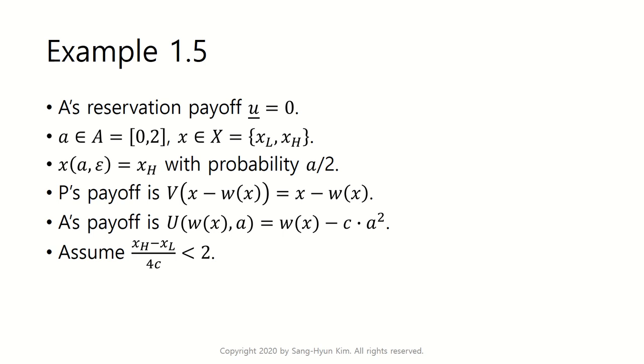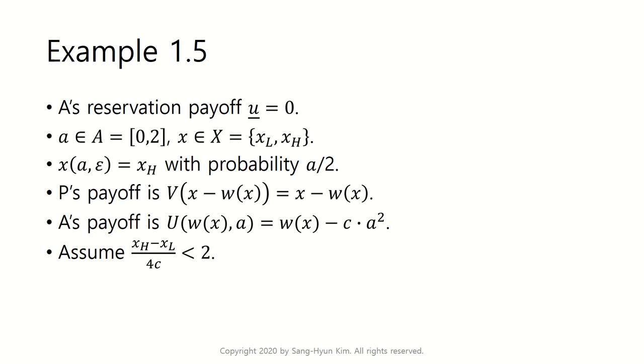And the revenue or the output X is XH with probability A over 2. This is same as before. And the principal's payoff is the profit itself, X minus W, as before. And the agent's payoff is W minus C times A squared.